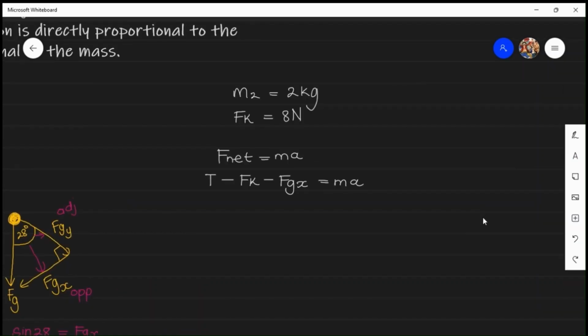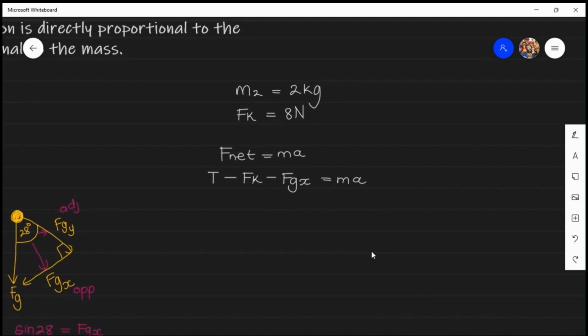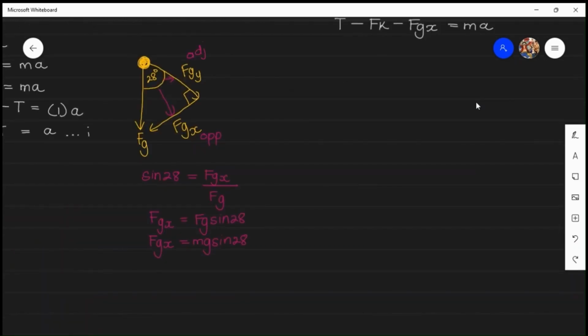Now we are going to break up FGX into the same formula that we did previously. So we're going to break up FGX into mass times gravitational acceleration times sine of 28. The only difference is in this specific case with the block 2, which has a mass of 2 kgs, instead of substituting mass as 1 kg as we previously did, we are going to substitute mass as 2 kgs.